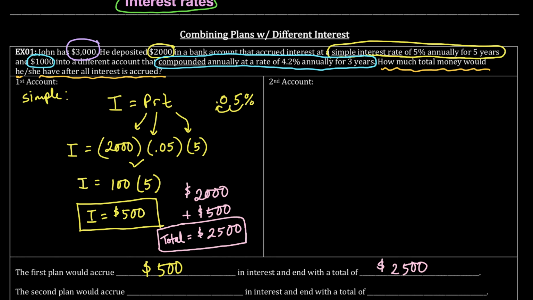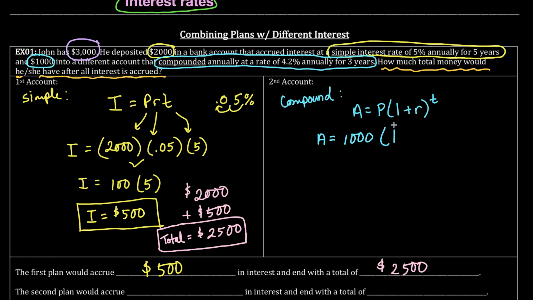The second plan was blue, so let's switch. Compounded means compound interest, which is A equals P times 1 plus R to the power of T. Principal on this one was $1,000.